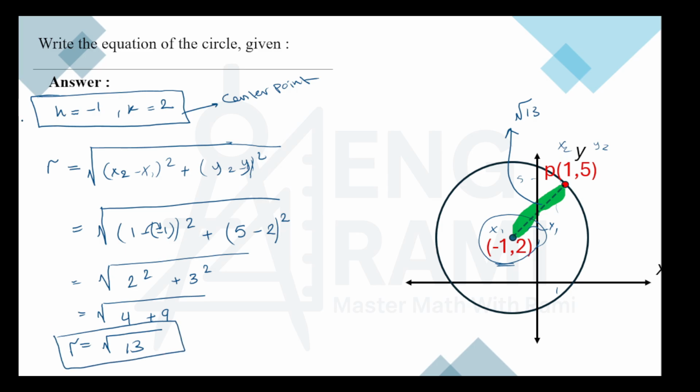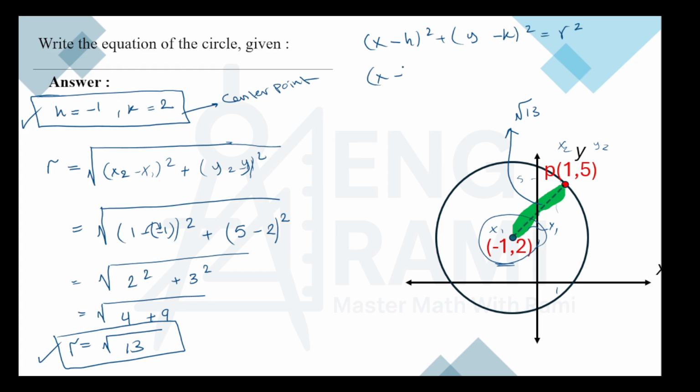Since I know the center point and the radius, now I can write the equation. The equation of the circle: (x minus h) squared plus (y minus k) squared equals radius squared.